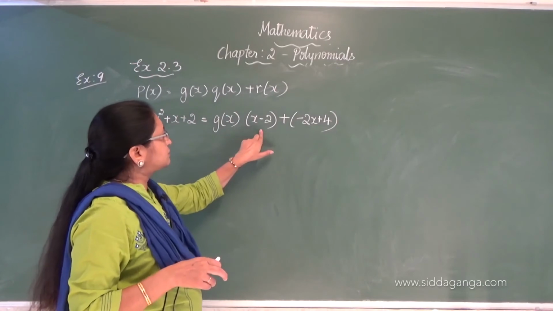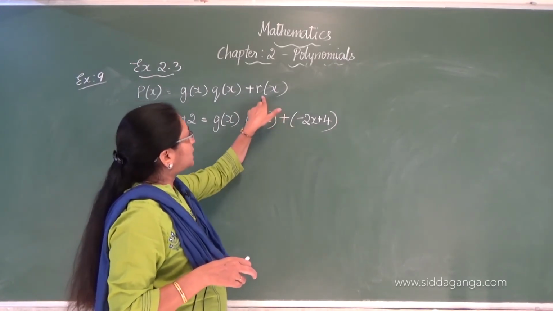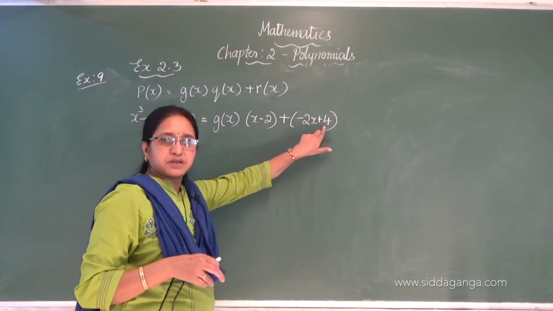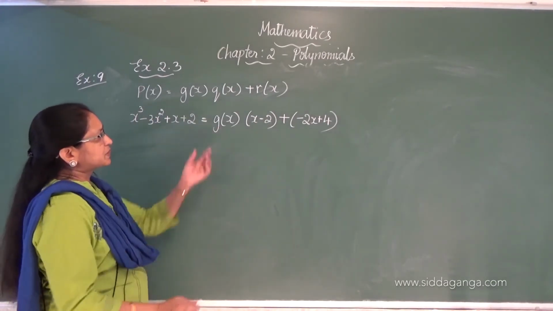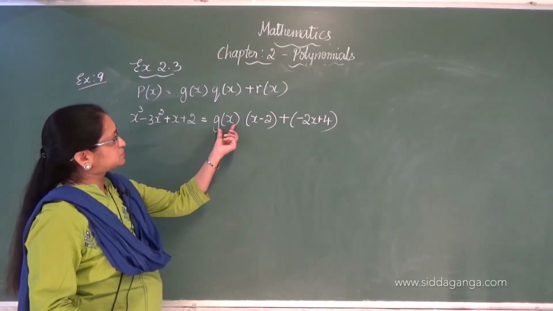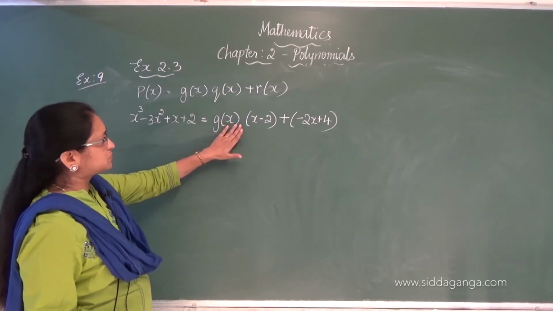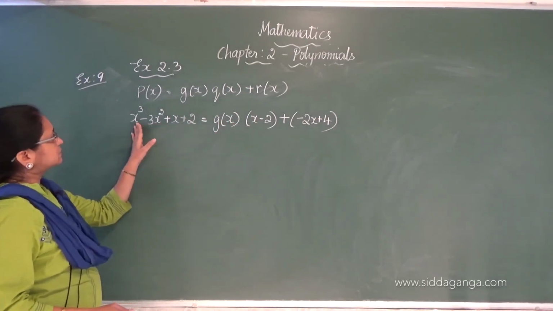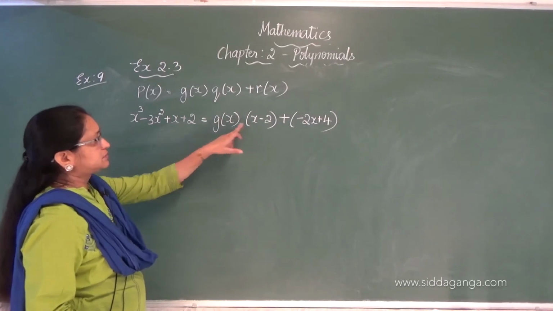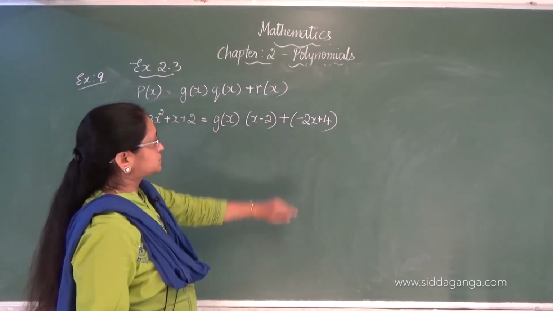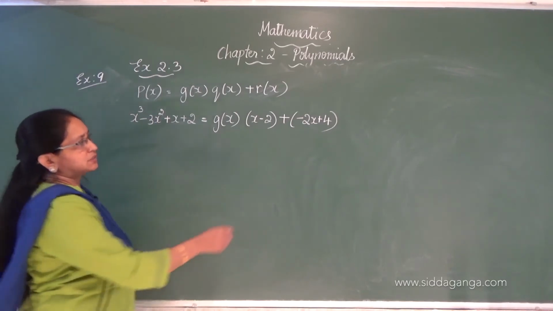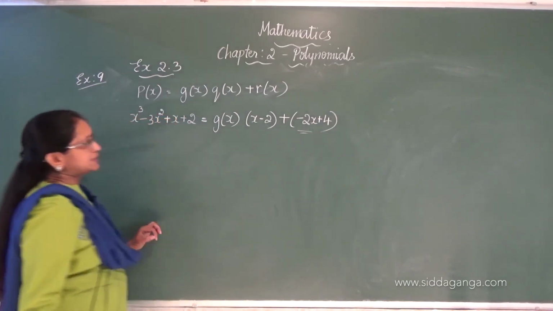Then q of x they have given x minus 2 and r of x they have given minus 2x plus 4. Now to find out g of x, you can make out by transposing that g of x will be equal to this whole p of x, subtract r of x, and then divided by x minus 2.